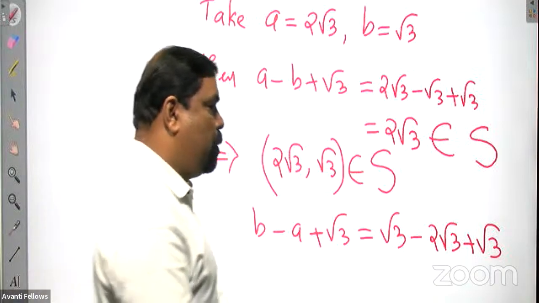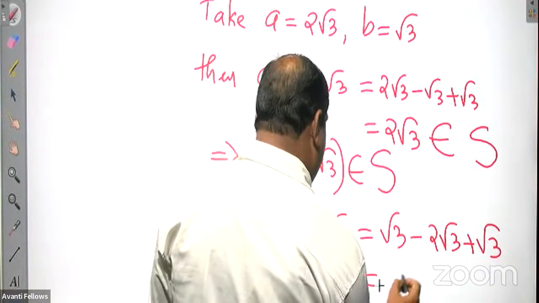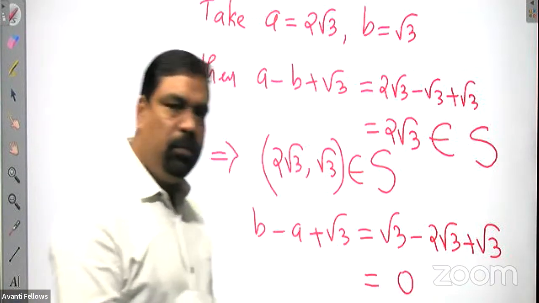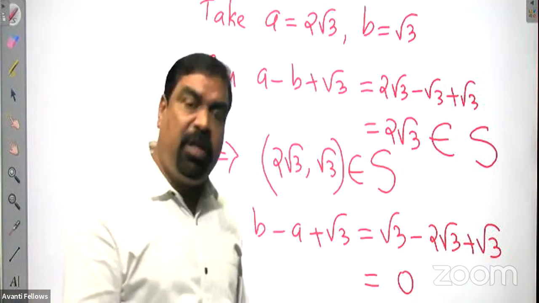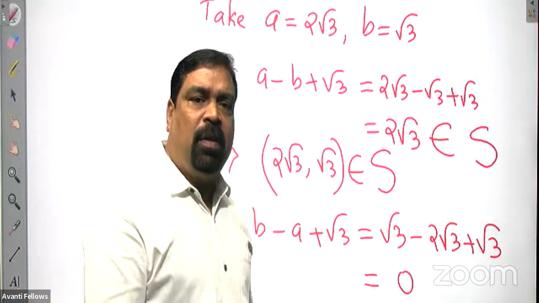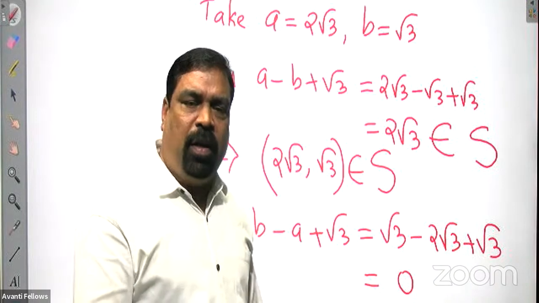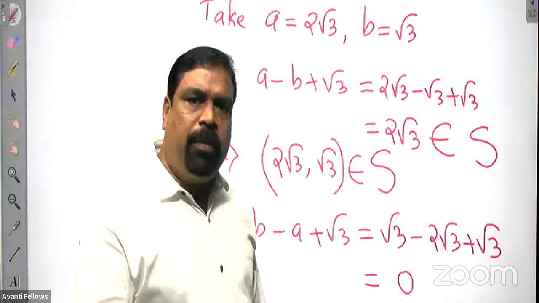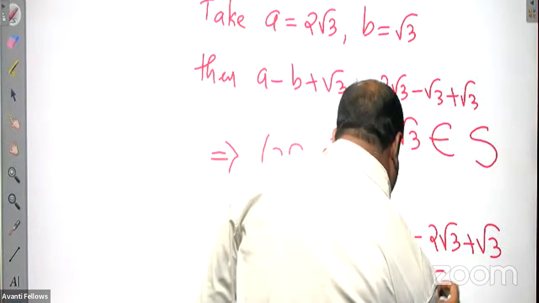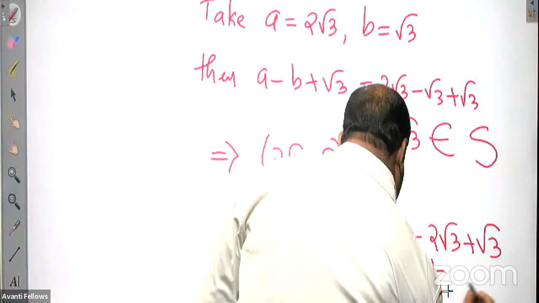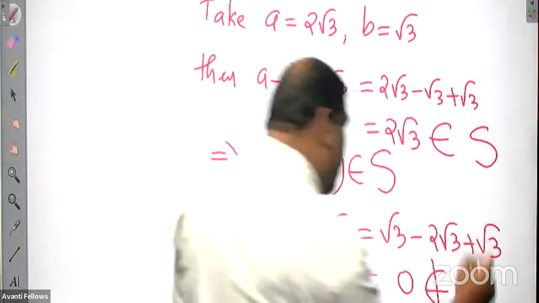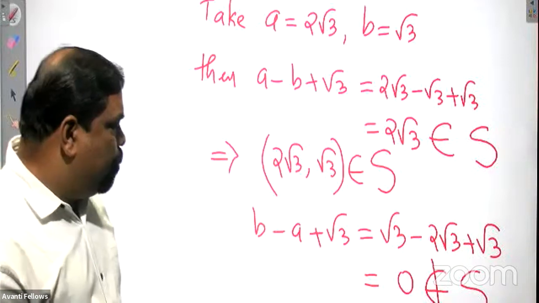So what is the answer? Very clearly it is 0. Is 0 an irrational number? No. Very clear, 0 is a rational number. So this is not an irrational number. What is the meaning?